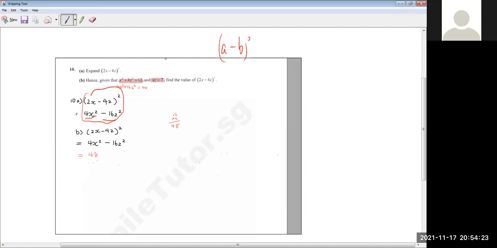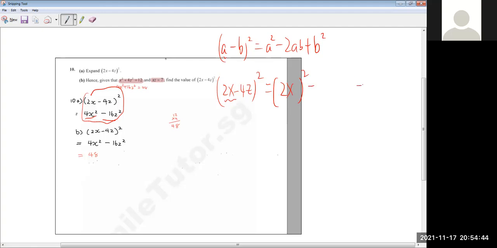So let me make use of that formula. A minus B bracket square, so it's A square minus 2AB plus B square. If I follow this closely here, it's 4Z. So square. My A becomes 2x here, so I just bracket it 2x squared.